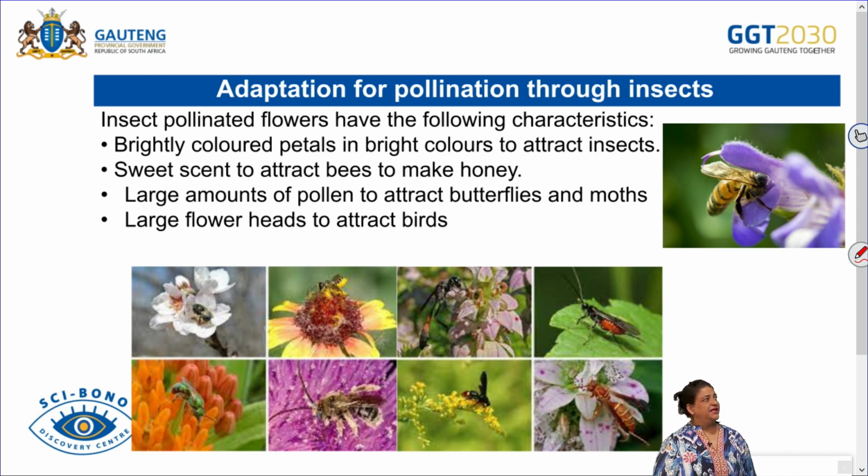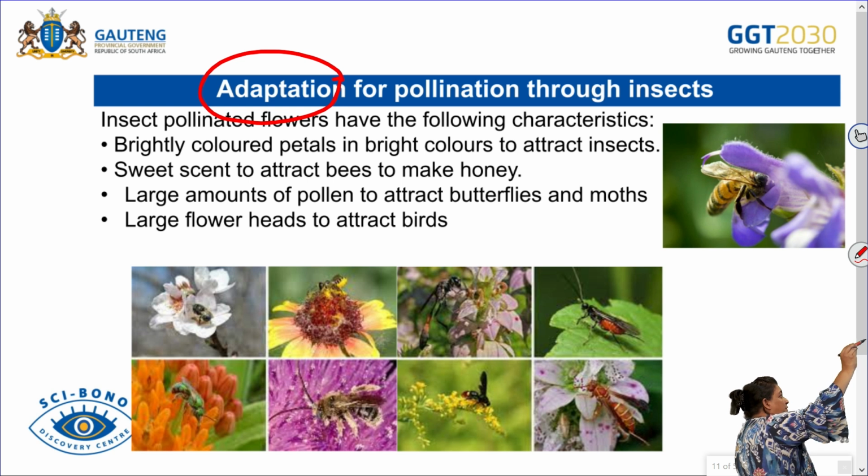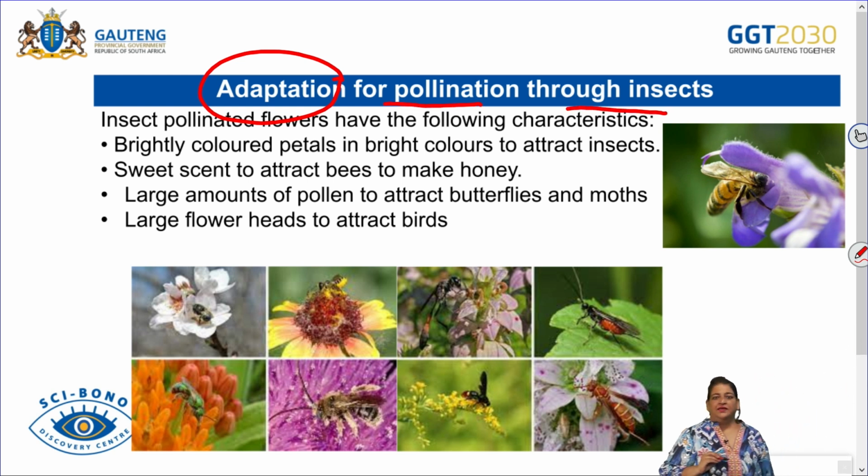Now, adaptation for pollination. Now, adaptation for pollination through insects. Okay. Now, every single flower is adapted for its pollinating insect. For example, if a flower needs to attract a bee, the flower cannot be a very dull, brown flower.